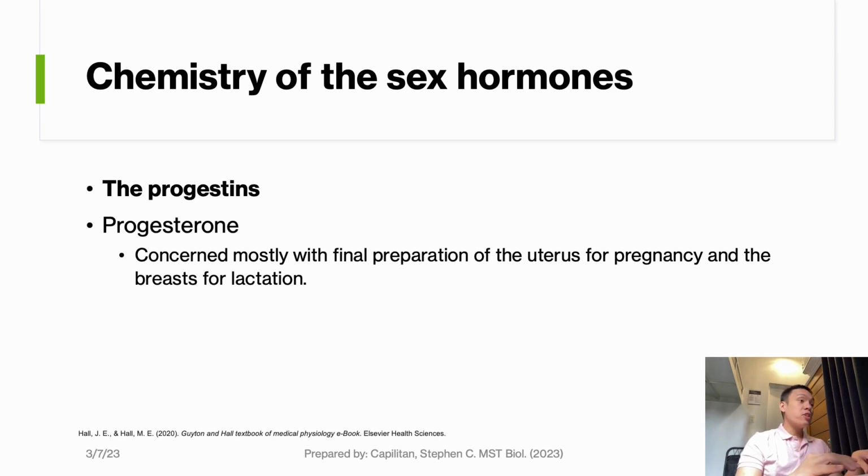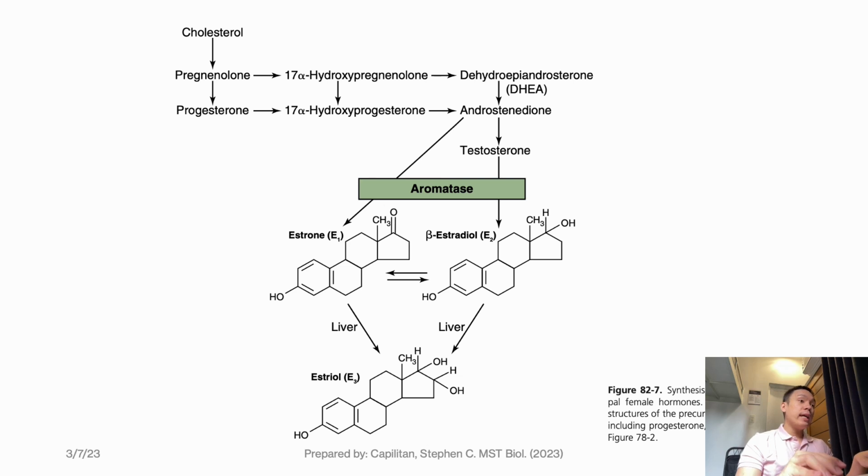Progestins, such as progesterone, are concerned mostly with the preparation of the uterus for pregnancy and the breasts for lactation. These come from cholesterol, which differentiates into pregnenolone and progesterone, giving rise to different types such as DHEA, androstenedione, and testosterone.